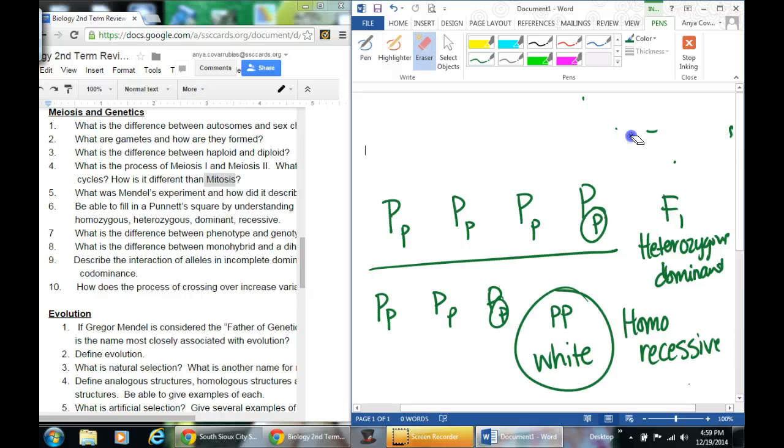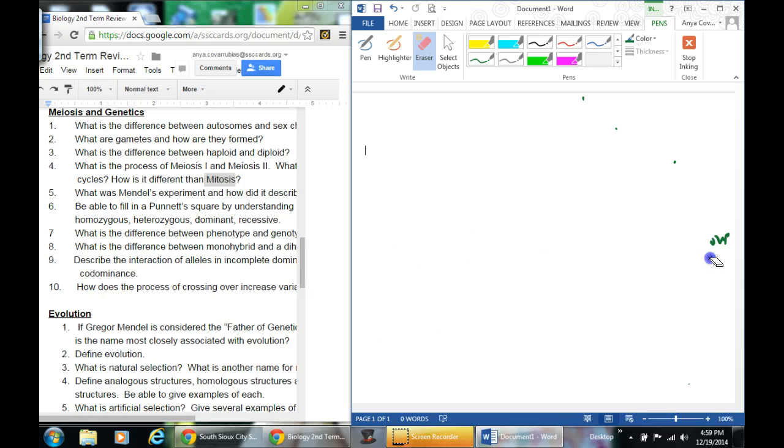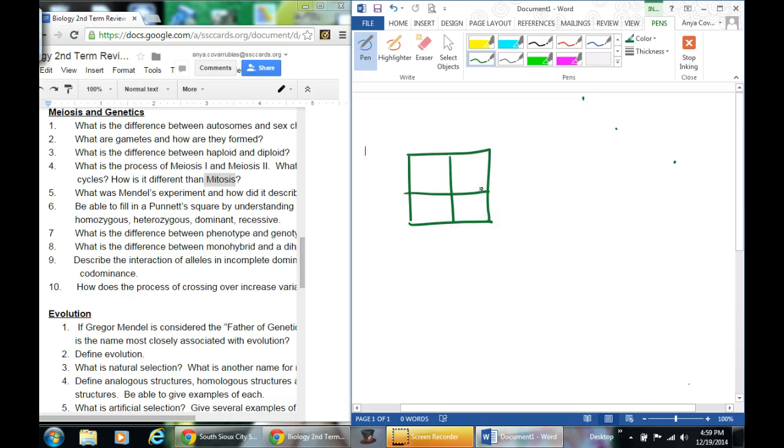So if we were going to do the one that we just did, I could show you a monohybrid. Monohybrid is going to be one trait. The ratio is just going to be like 4 to 1 or 3 to 1. So we have big P, and then we had little p, little p.